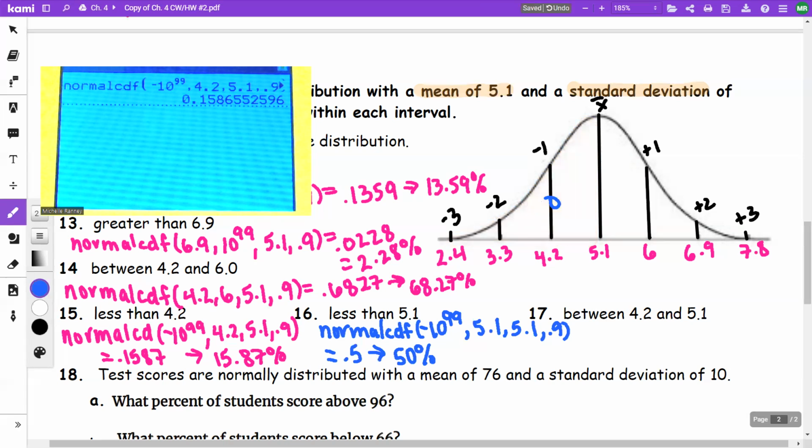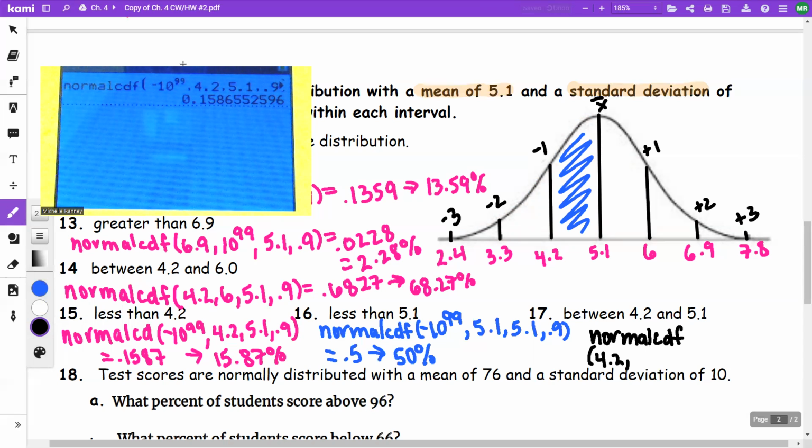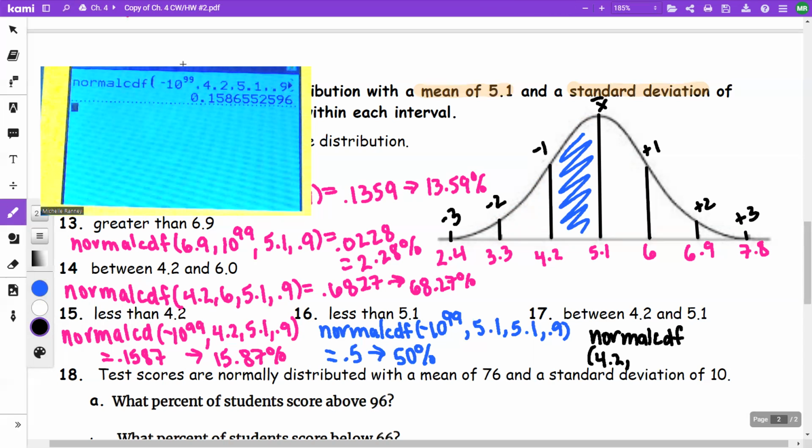The next one is going to be from 4.2 to 5.1. So that's going to be this section right here. So for that, I'm going to do normal. It should be about a 34-ish. Normal CDF, minimum 4.2 to 5.1.